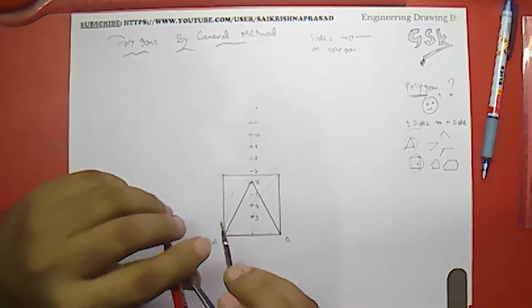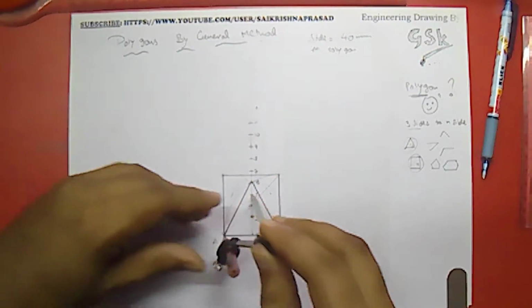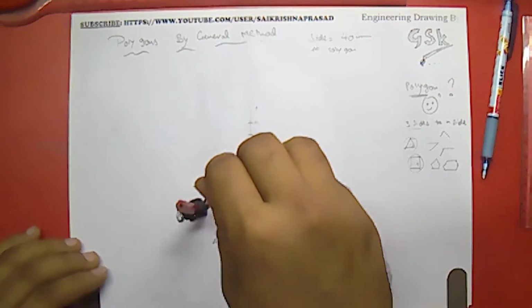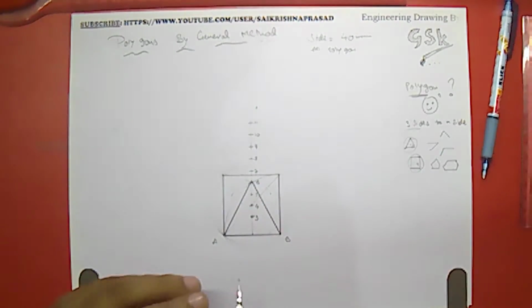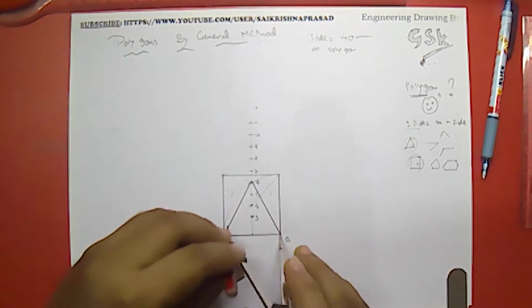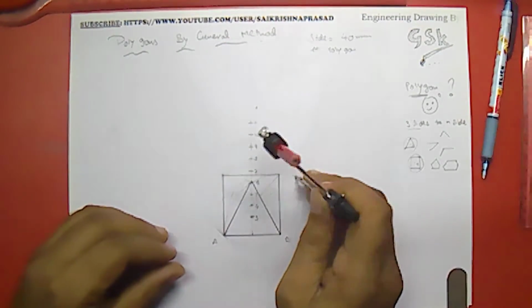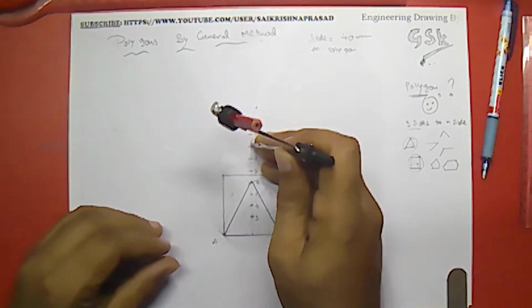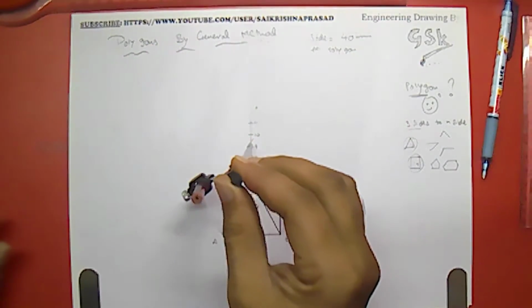Now take 5 as center, take 5A as radius, draw a circle touching B, right? Now same, repeat, take AB, arc this, arc this, arc.